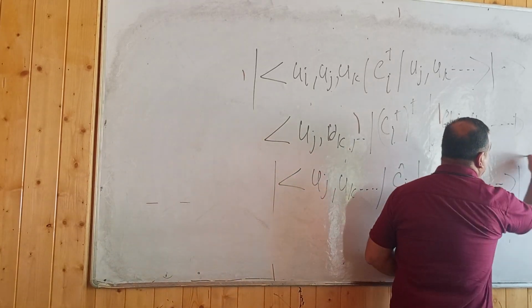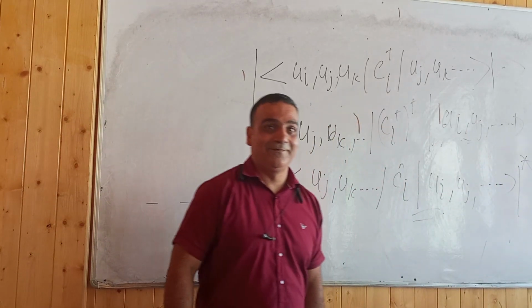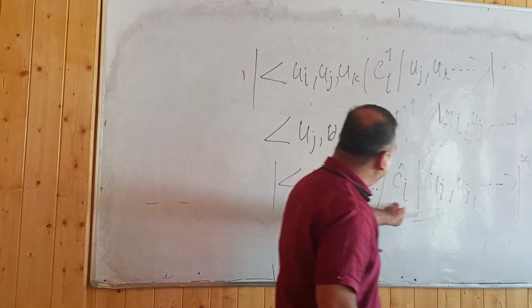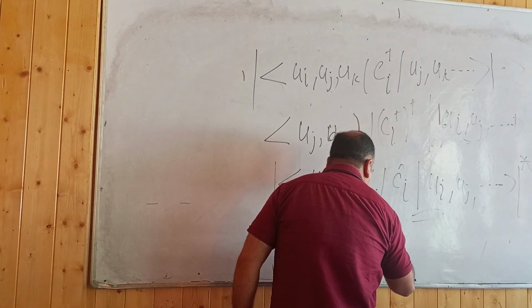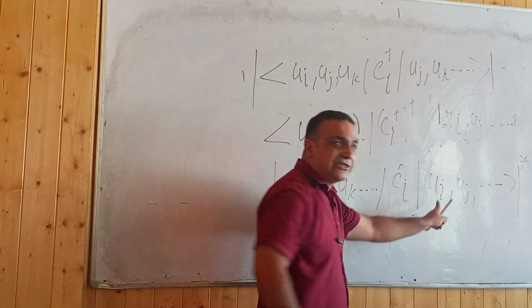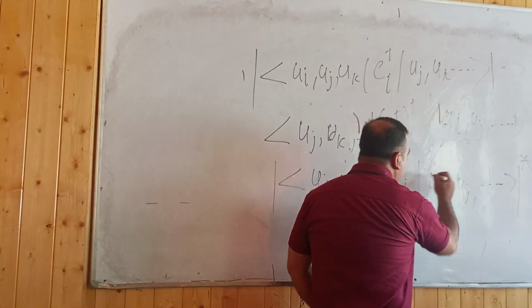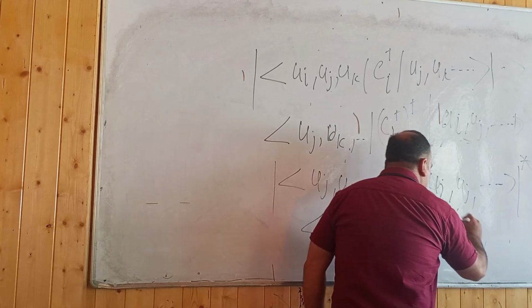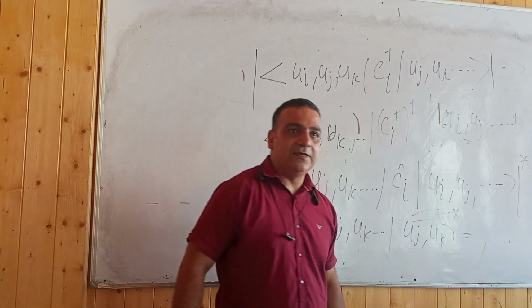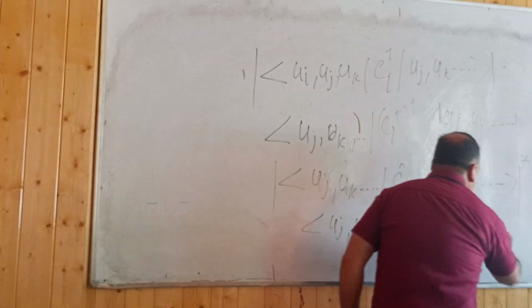You have a star of everything, right? So what you will get here? You will get UJ, UK. This will kill this UI. It will kill it. So what will remain? UJ, UK, star. So what is the value of this? 1. So it will be 1 star.